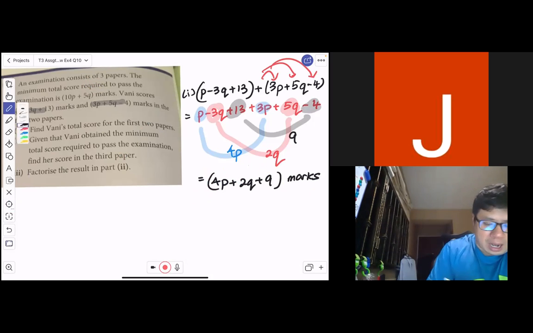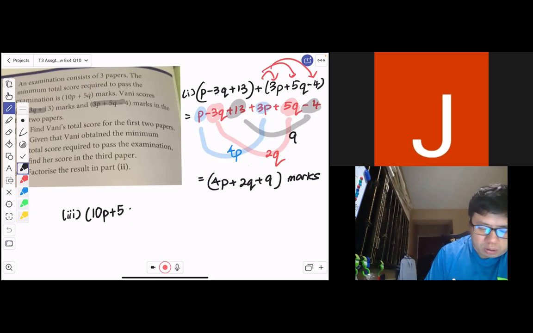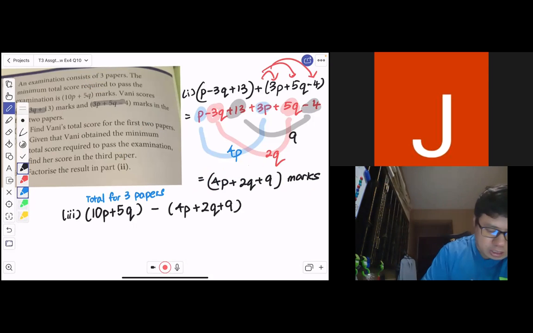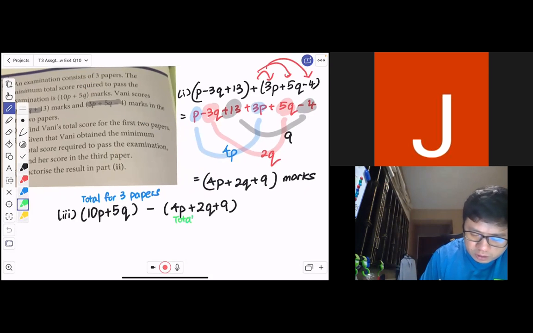So I take 10P plus 5Q, which is the total score for all 3 papers, and I subtract away the answer in part 2, which is 4P plus 2Q plus 9, the total for the first 2 papers.